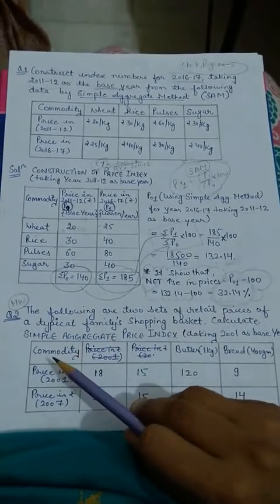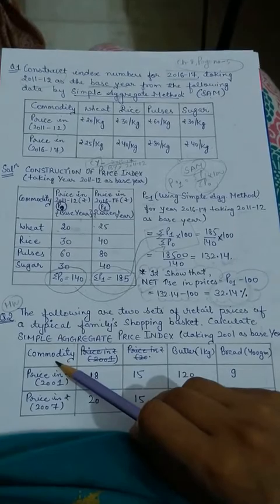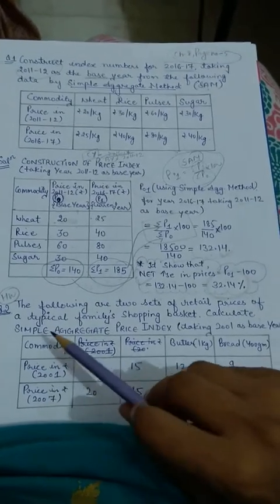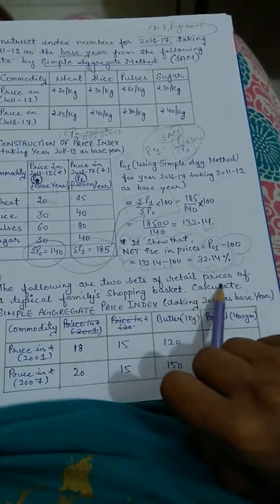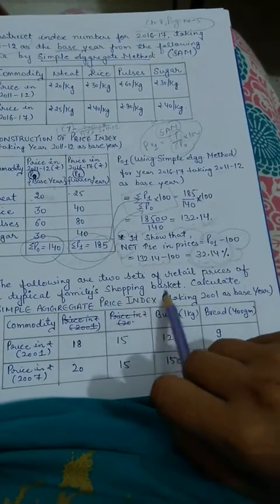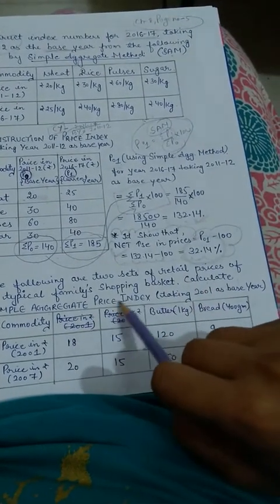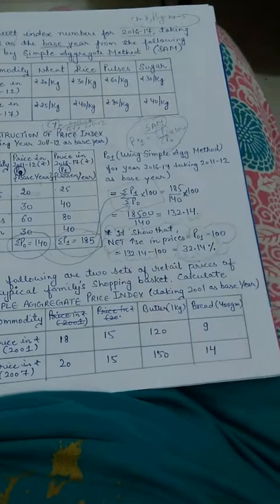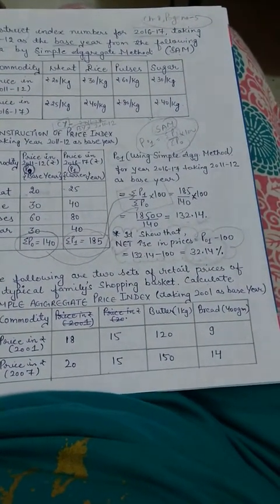Here is question number 2. It says the following are two sets of retail prices of a typical family shopping basket; calculate the simple aggregate price index taking 2001 as base year.